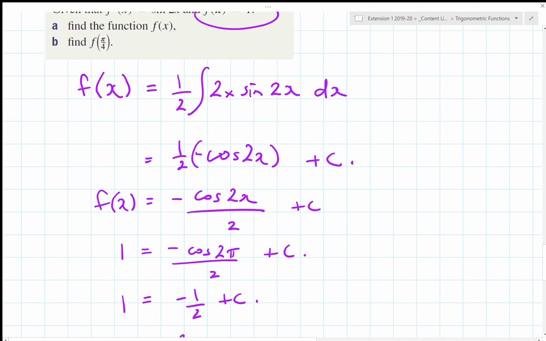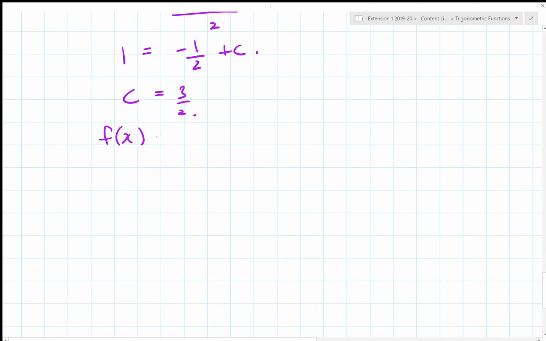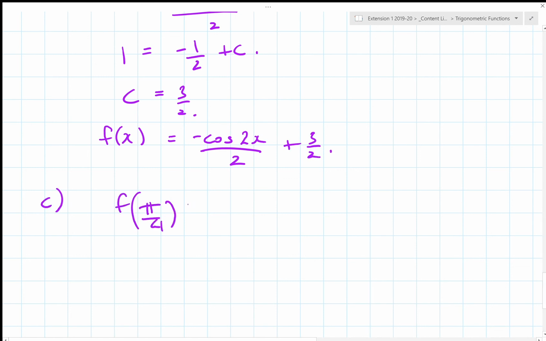And what does it want? f of pi over 4. So f of pi over 4 is minus cos pi over 2, which is 0, plus 3 over 2, so it's just 3 over 2.